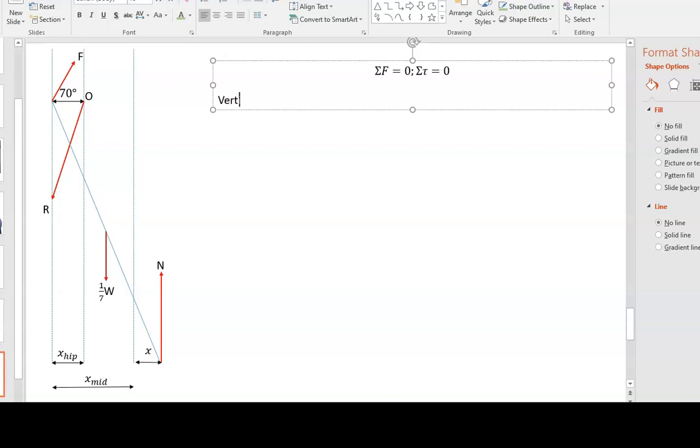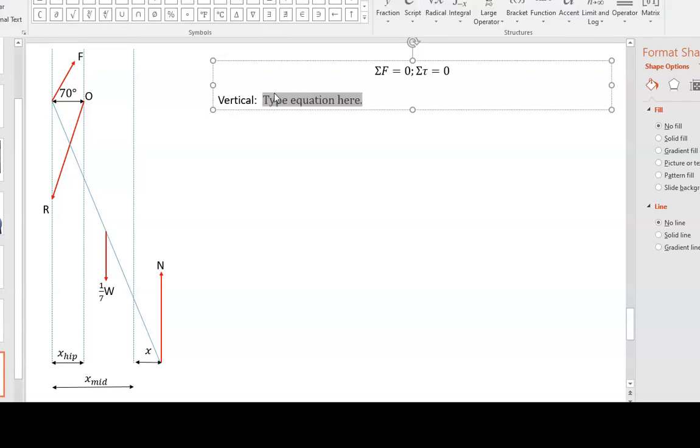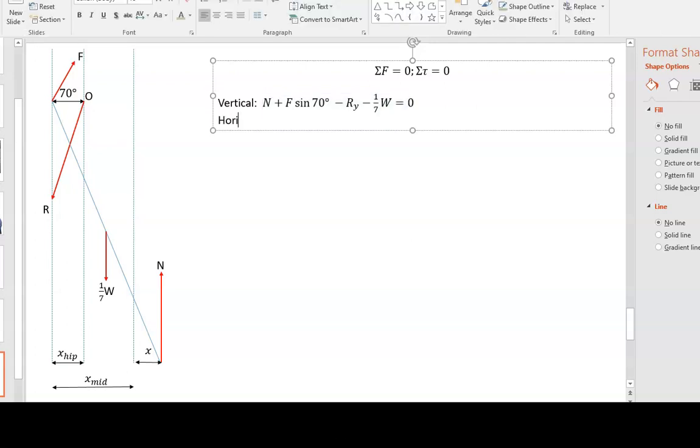Well, vertical, taking up to be positive, we have N, plus Fy, which is going to be F onto the sine of 70 degrees, minus Ry, minus 1/7 of your weight. And all of that has to be equal to 0. Let's look at horizontal.